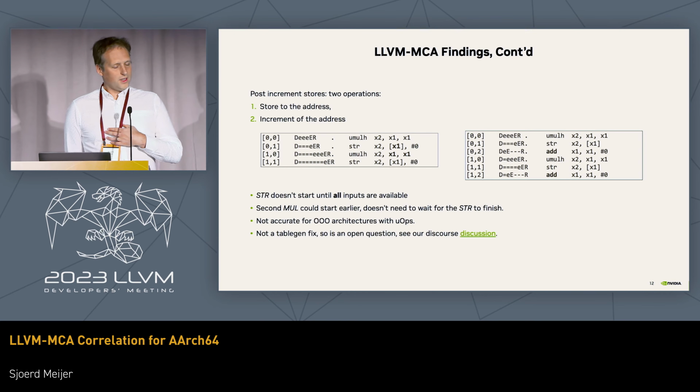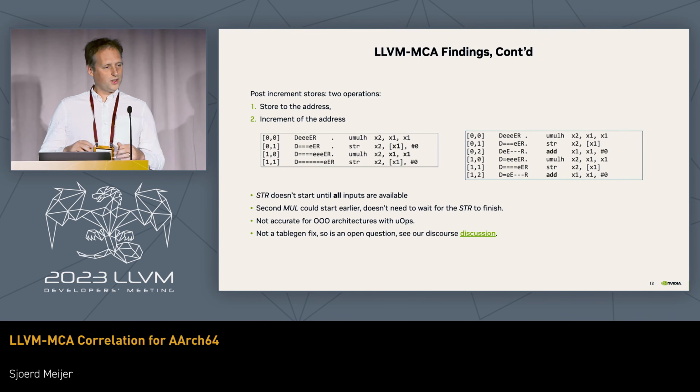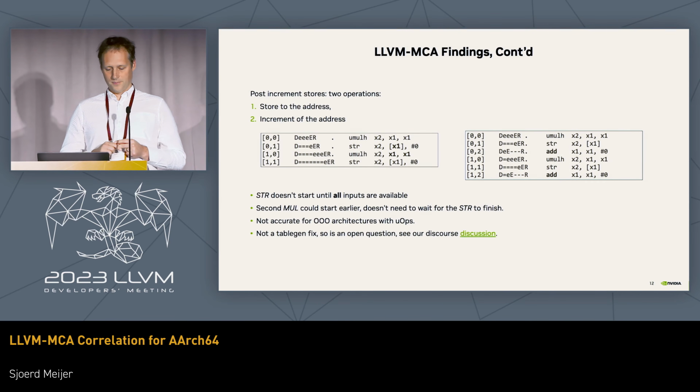There is one fundamental problem that we found for which we have no fix. I'll try to briefly explain that. This is not only for post-increment stores, but it's kind of a general problem, though it's most visible here. The short version is that a post-increment store is actually two operations: a store and then an increment.